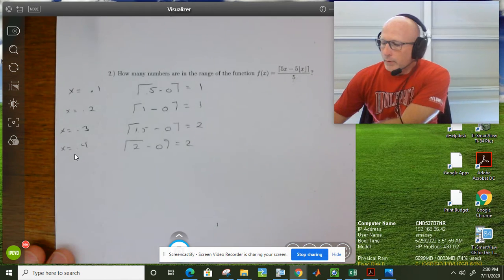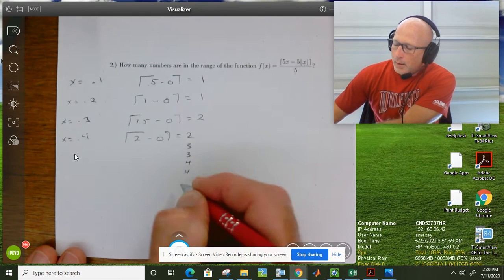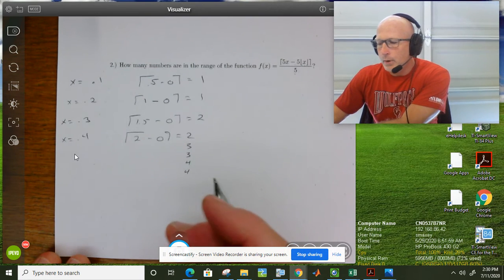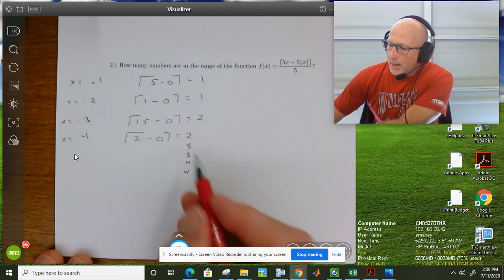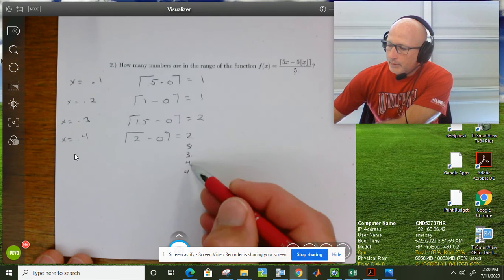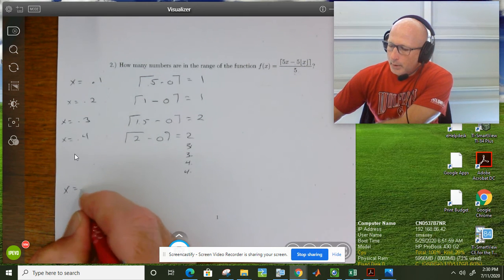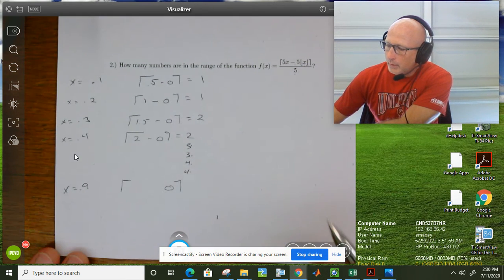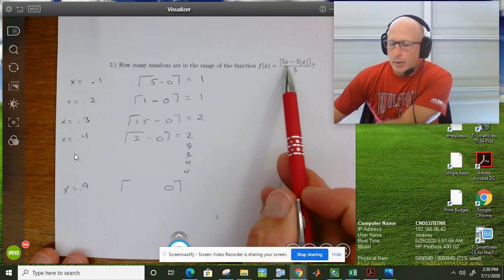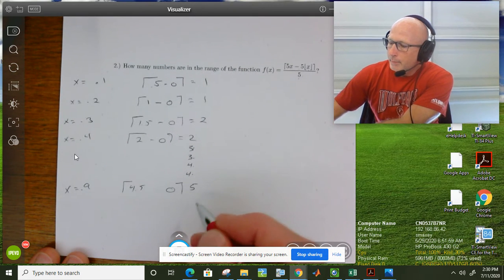The next two would be 3 and 3, and then 4 and 4. Can we go higher than 5? That'd be 0.5, 0.6, 0.7, 0.8, 0.9. Let's take x equal to 0.9. This will still be 0, and I'm going to have 5 times 0.9, which is 4.5. So that does give me 5.